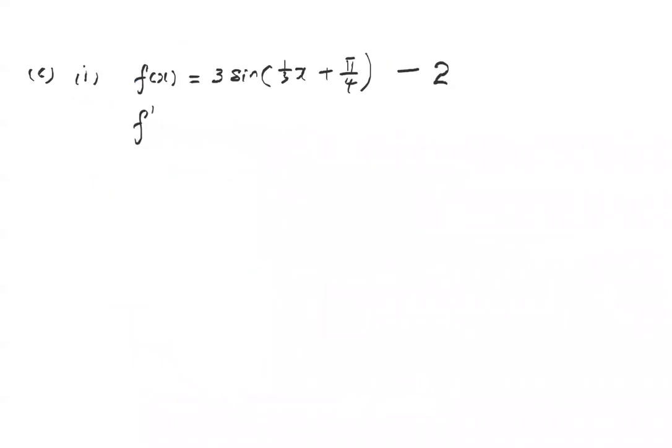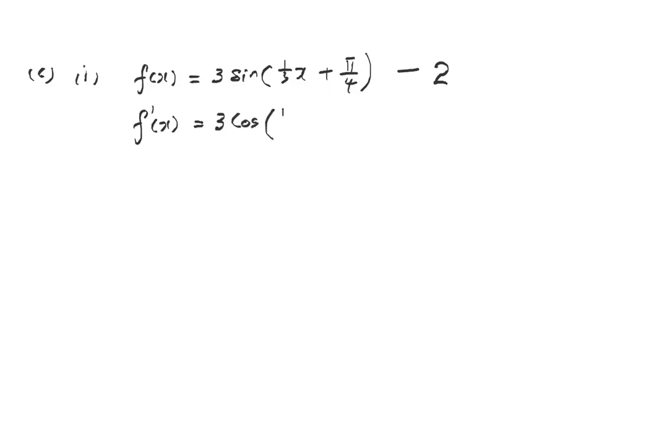For part C, part 1, I got my f(x) as 3 sin(1/3 x + pi/4) minus 2. So my f prime x will be equal to, integrate sin, you get cos.